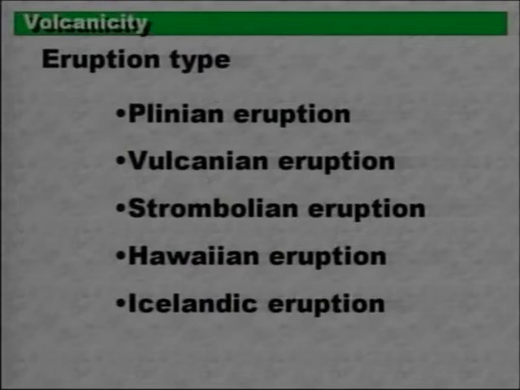The third one, Strombolian eruption. Then we have the Hawaiian eruption and the Icelandic eruption. From your worksheet, you will also note there is one more which I have included, the Pelean eruption. That is the last one you will find on your worksheet.